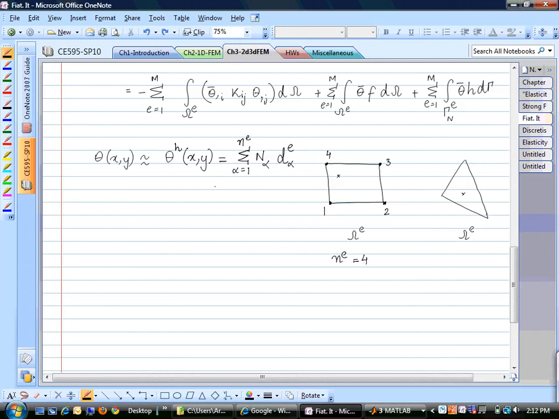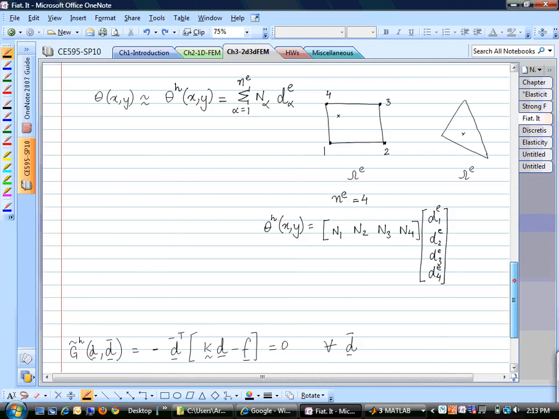So essentially what we said is that theta h, which is the approximate solution, is going to be equal to N1, N2, N3, N4 times d1, d2, d3, d4 of this element e that we are talking about.